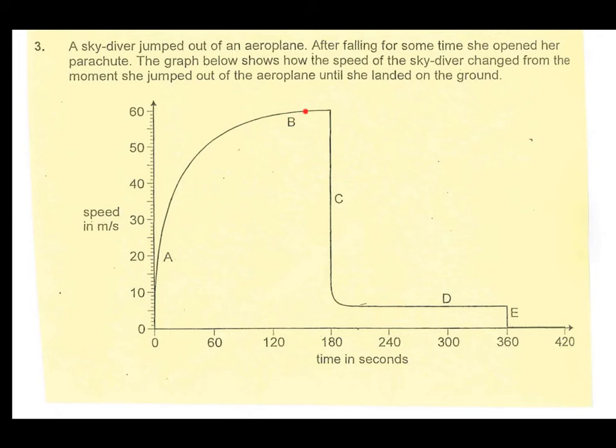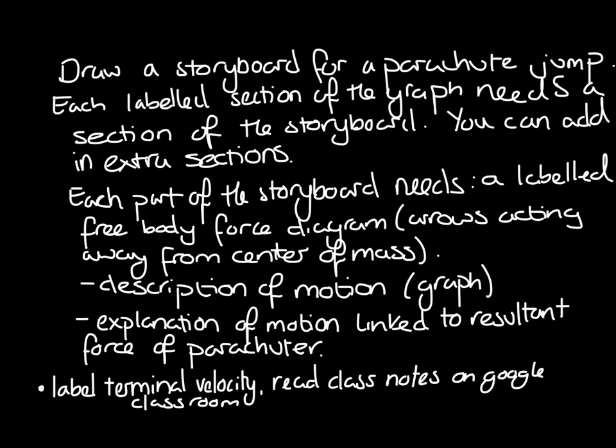This part here is terminal velocity. This part here is where we open the parachute. Because it's got a big surface area, the air resistance increases, so we suddenly decrease in speed. And then because we've decreased in speed, our air resistance has decreased, so then air resistance and weight are equal again, so we travel at constant velocity. And then here we hit the ground and suddenly stop.